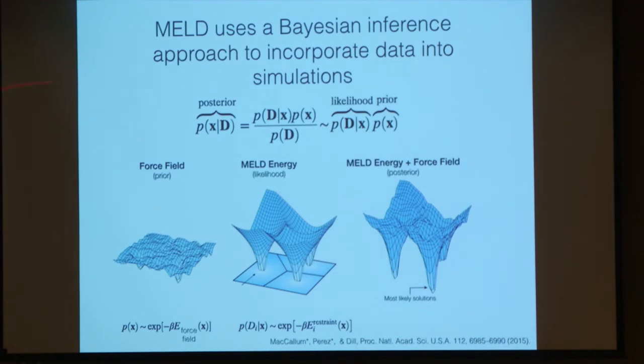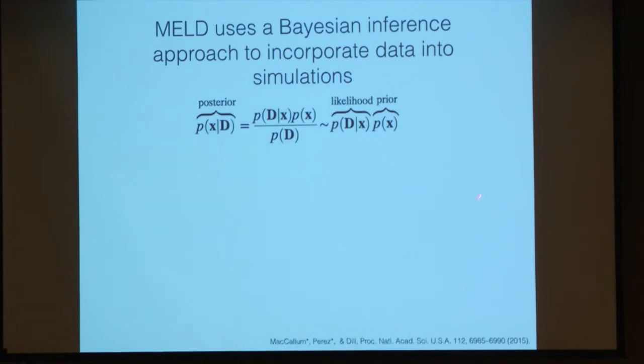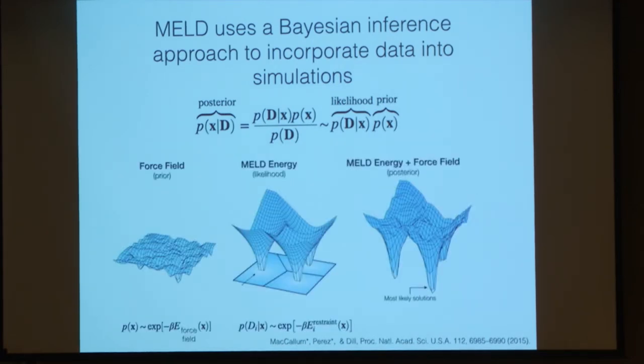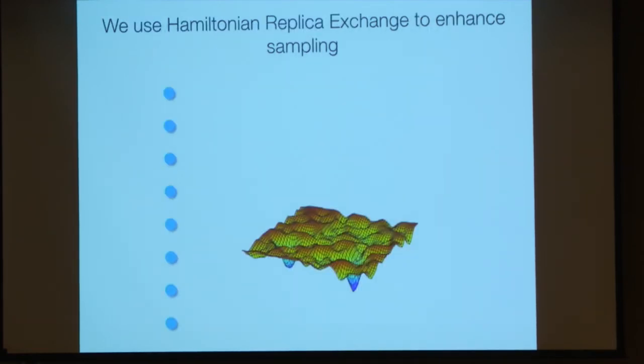Now, since this is very funneled, you're going to have problems exploring this landscape. So the way that we get around this is by using a replica exchange protocol. What that means is that instead of having a single copy of the system and just simulating for a long time, now we have multiple copies of the system.